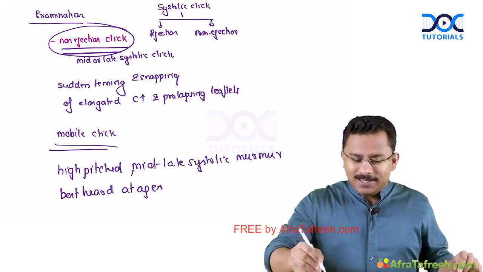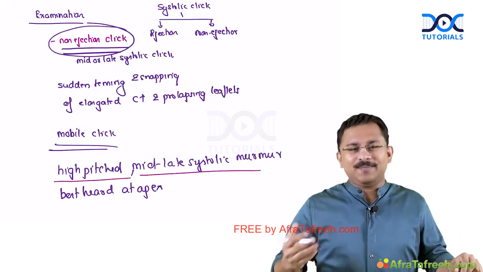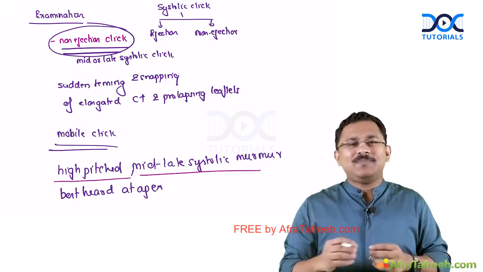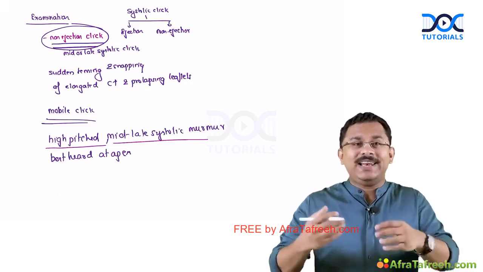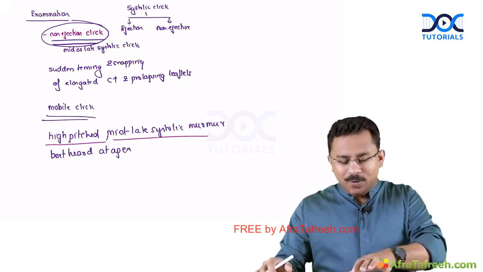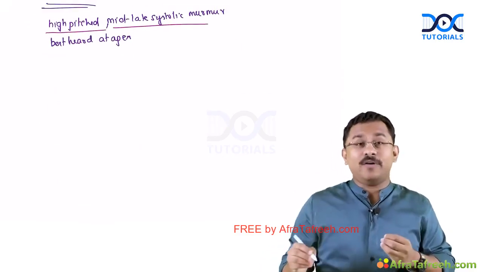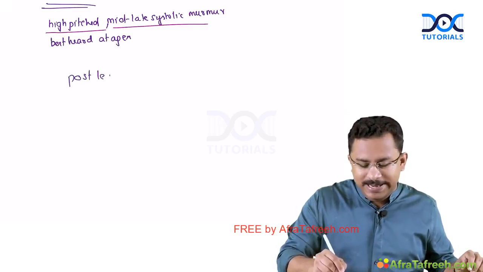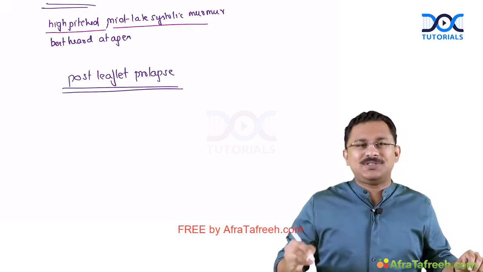Now this murmur, the high-pitched mid to late systolic murmur, can radiate. The radiation of the murmur depends on which leaflet is involved. Suppose you have a predominant involvement of the posterior leaflet, or a posterior leaflet prolapse.